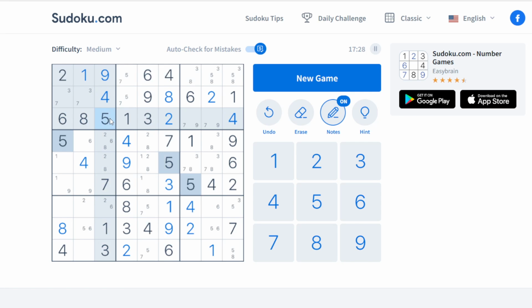I already have the 4s. The 5s go anywhere in this column. The 6s, it's guaranteed to be in one of these two. Oh, look at this.